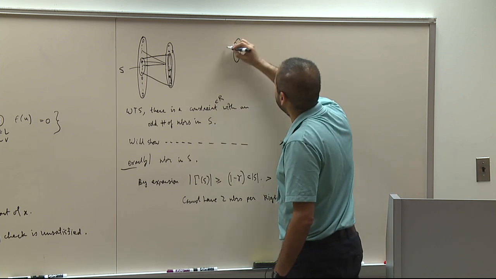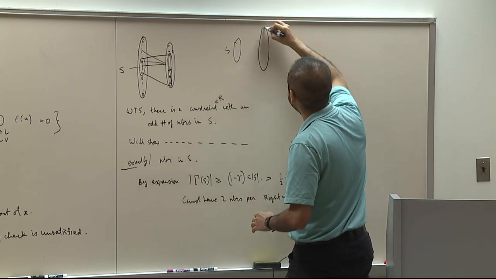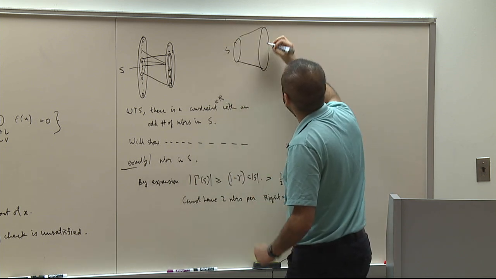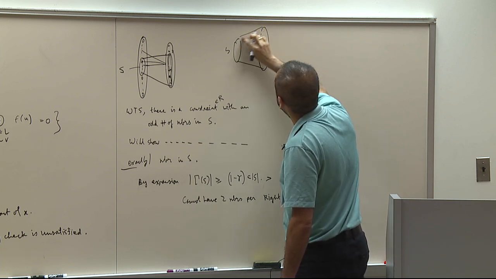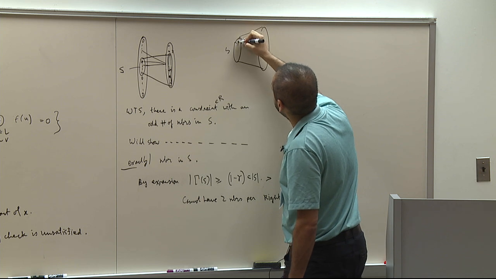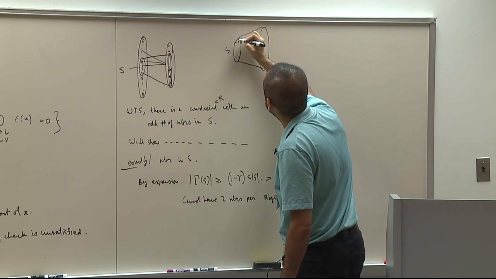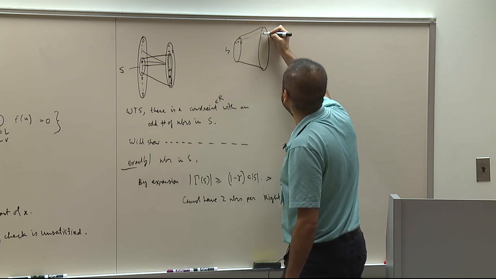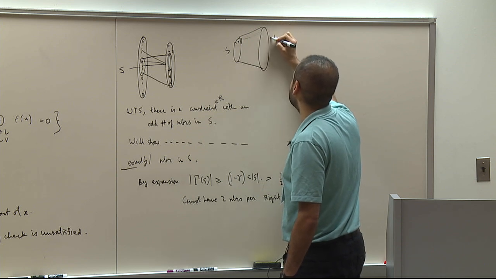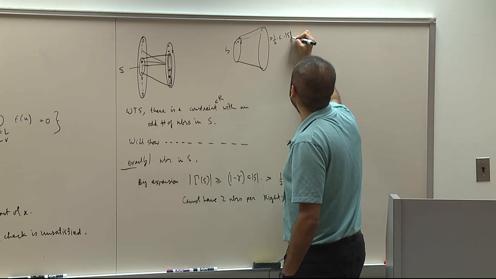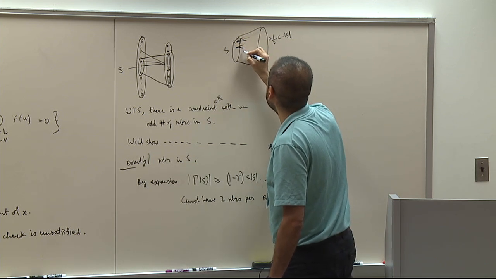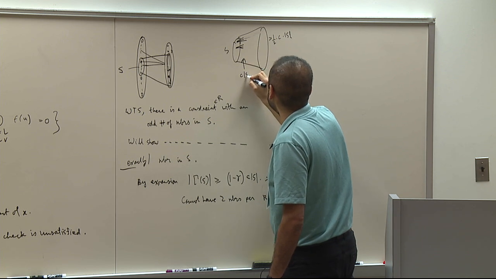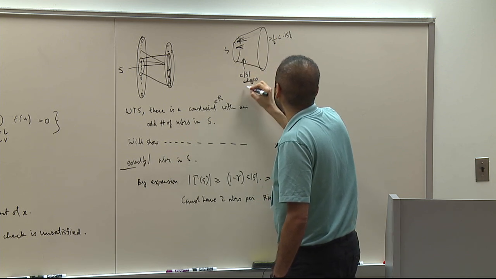I'm just redrawing the picture here. This was S, and the neighborhood is greater than half of C times S, and there are C times size of S edges coming out in total.